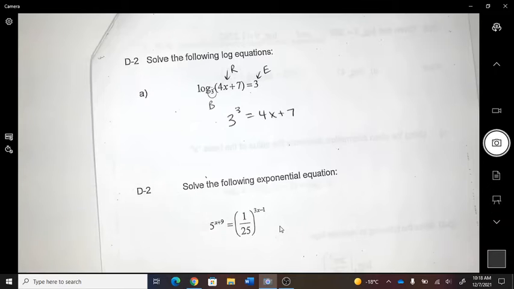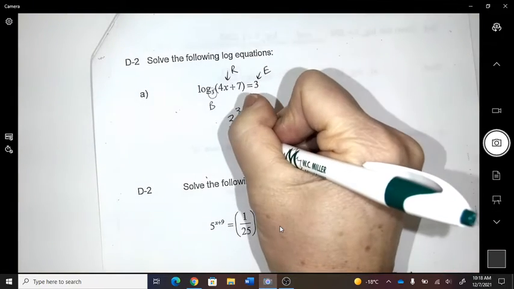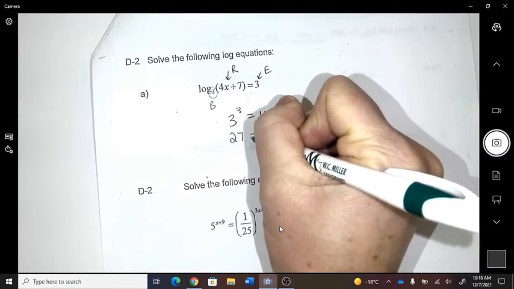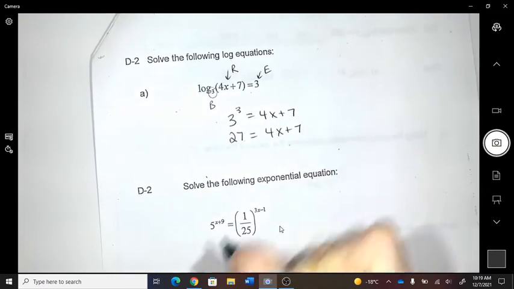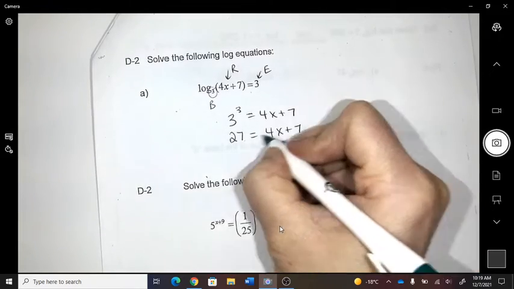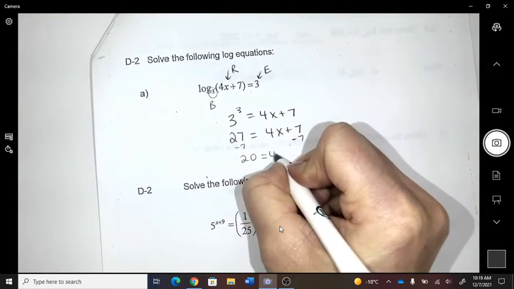Most of this stuff you don't need a calculator for, so what's 3 times 3 times 3? 9 times 3, which is 27. Subtract 7, divide by 4.